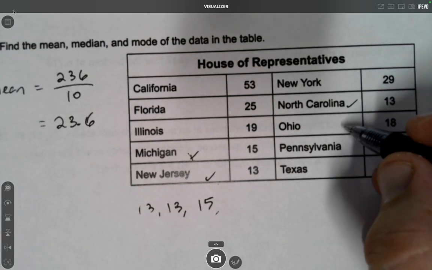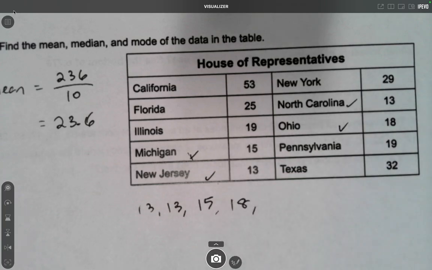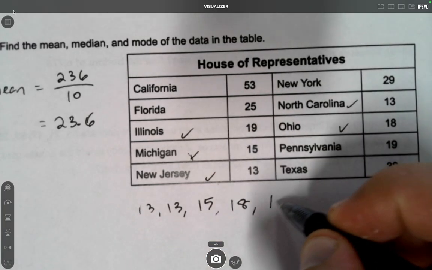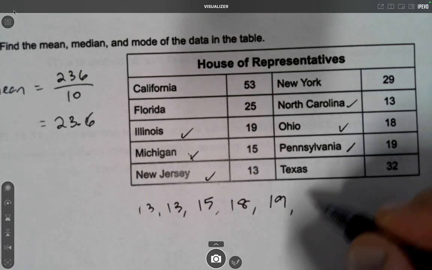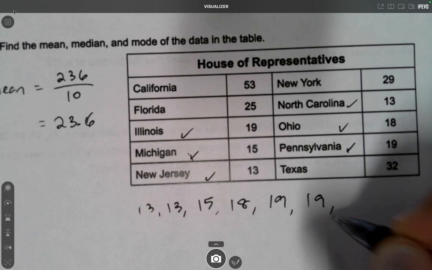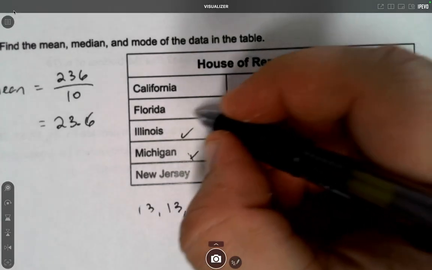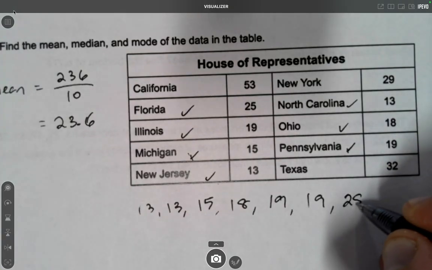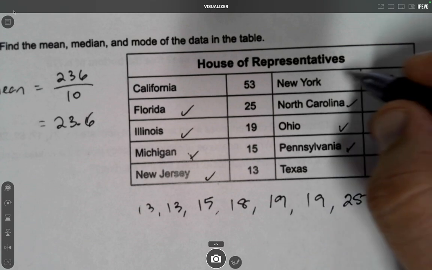Let's see, 18 looks to be next. That's Ohio. Illinois is 19. Oh, Pennsylvania is also 19, so we have another 19. Next up is Florida with 25. New York with 29.